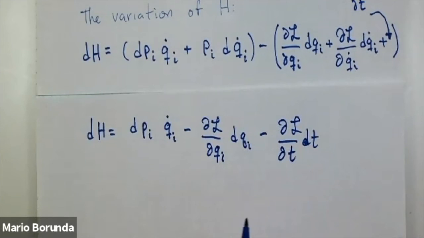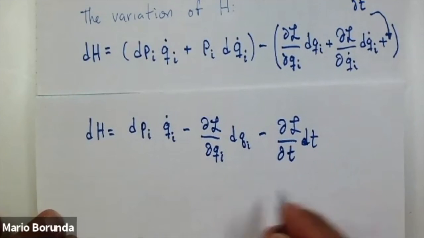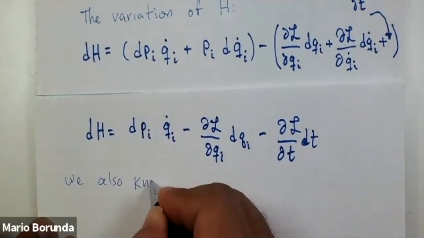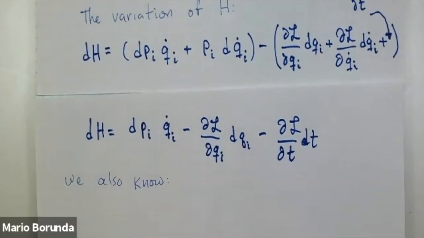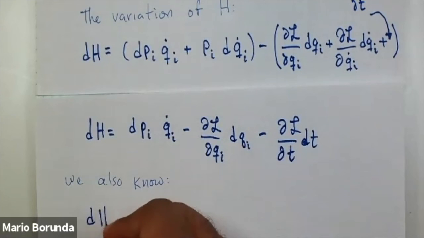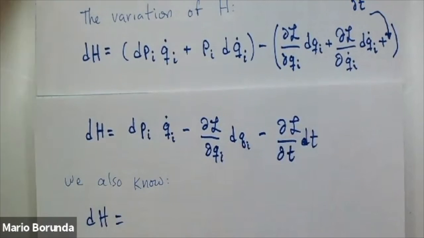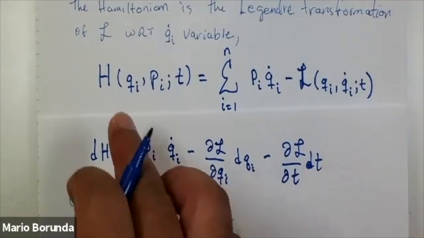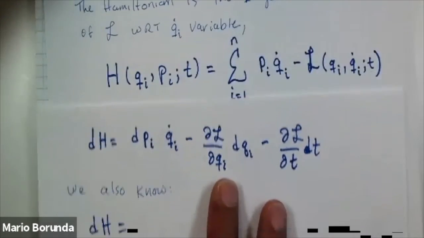Now, this is the variation of h, but we also know that the variation of h can be defined, going back to this equation, right? It depends on the q's, the p's, and the t's.